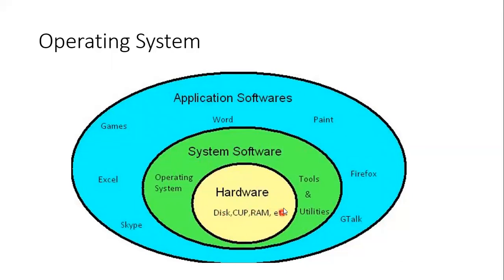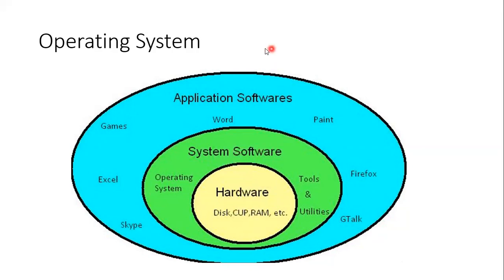The inner part is the hardware, which consists of the CPU, RAM, disk, etc. The next part is the operating system. The operating system uses various tools and utilities in order to communicate with the hardware, for example, the compiler and assembler. These are system software, used by the operating system to convert the code to machine readable code.